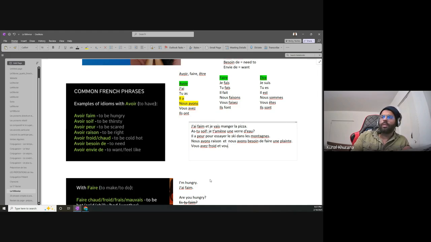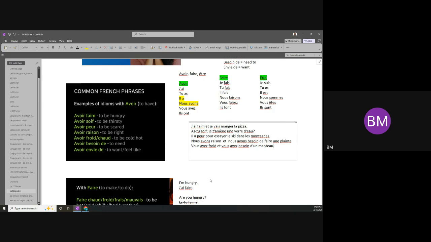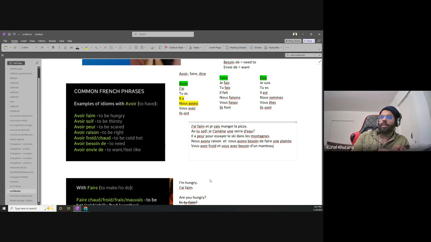Après, vous avez besoin de: avec vous, ça va être vous avez besoin de. Après, un manteau, parce que manteau, c'est un mot masculin. Vous avez froid et vous avez besoin d'un manteau.